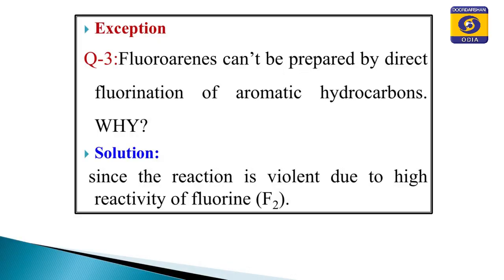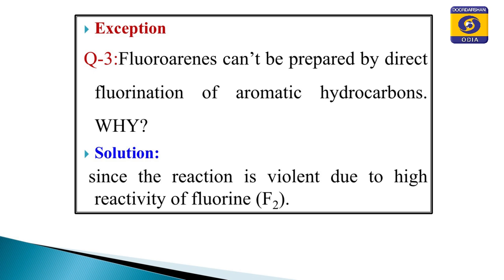So, now the question arises whether it is possible to prepare the fluoroarenes by direct halogenation, because we are preparing chlorobenzene and bromobenzene, but is it possible to prepare fluorobenzene? But this is not possible. Why? Because the fluorination reaction of benzene is violent because of the high reactivity of fluorine.